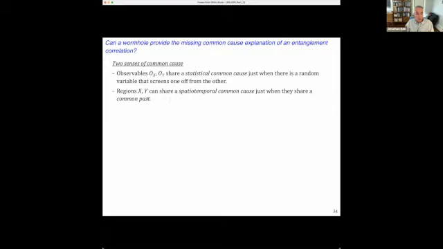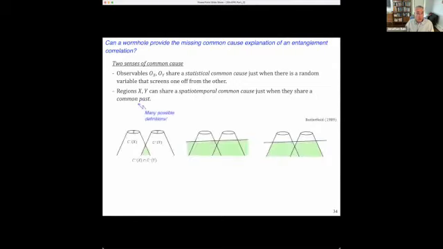And we might say two spatiotemporal regions X, Y share a spatiotemporal common cause just when they share a common past. And how you define the notion of a common past turns out to be a matter of, well, there are a lot of different options for such a definition. And some of these were discussed in an article by Jeremy Butterfield a while ago.